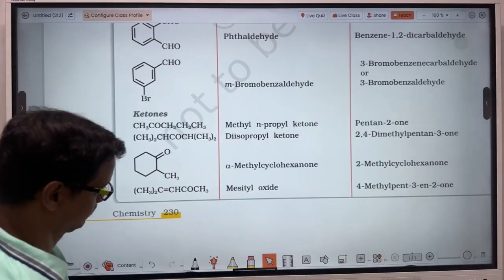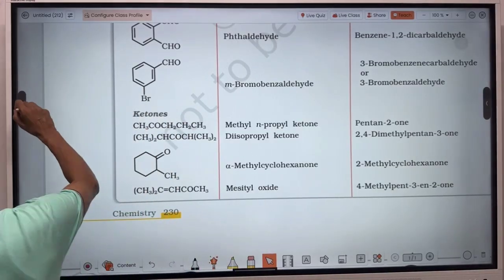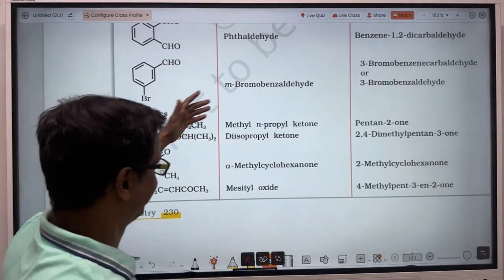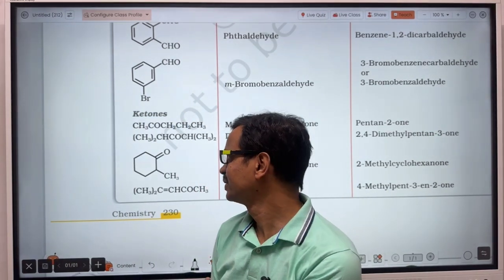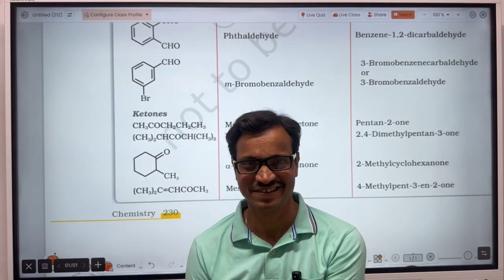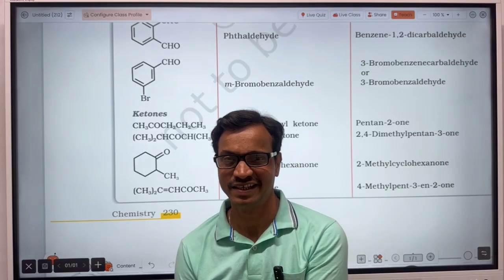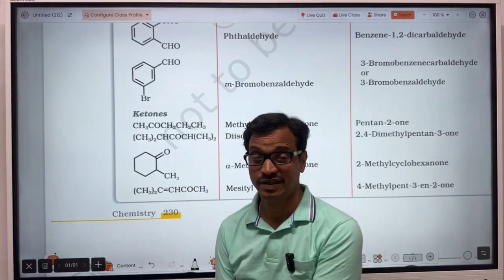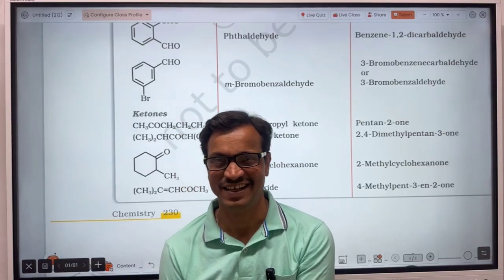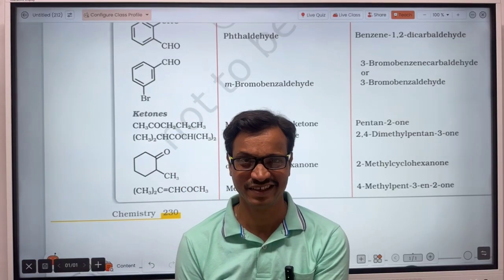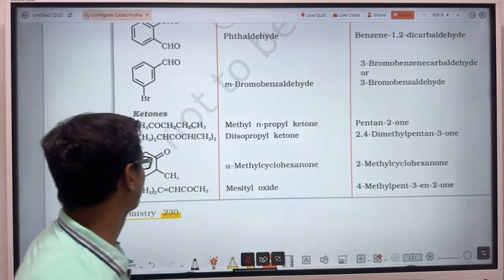In this compound here, maybe you get confused whether it's an ether or a ketone. Few students may get confused about how to predict whether it's a ketone or an ether. Then I have told you to consider the tetravalency. So let's see how to draw.